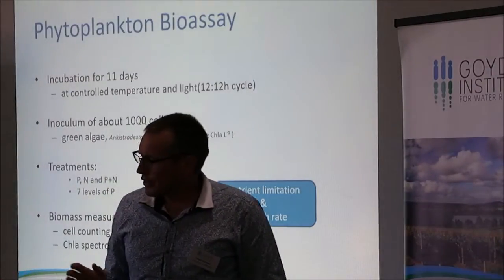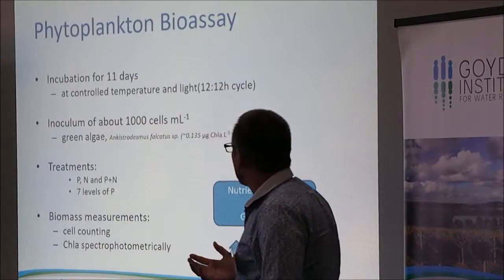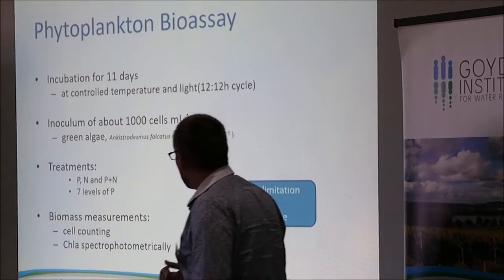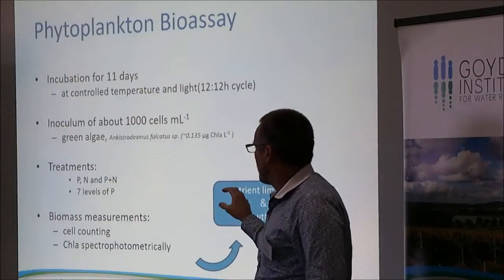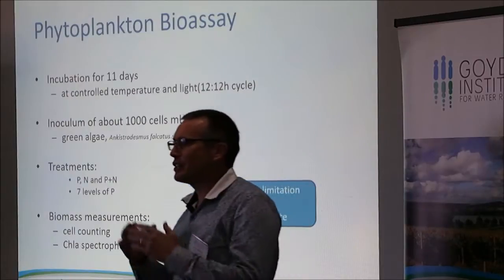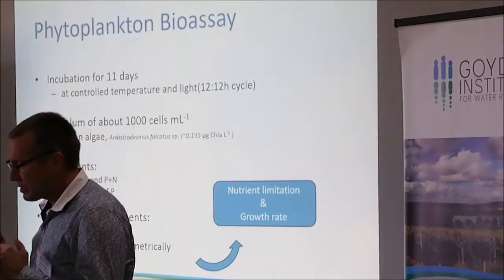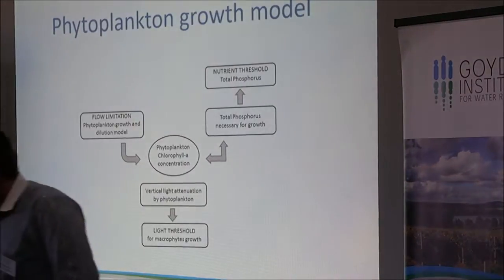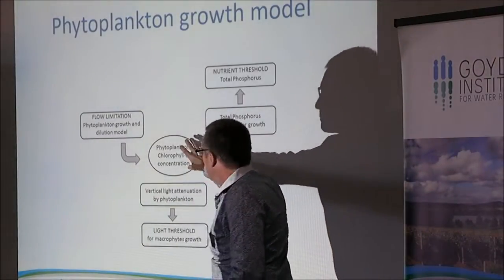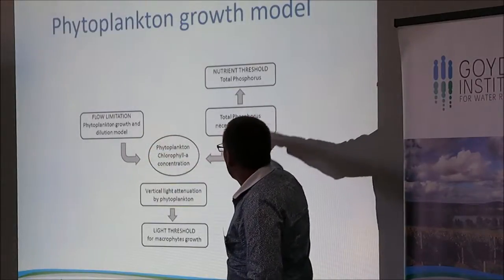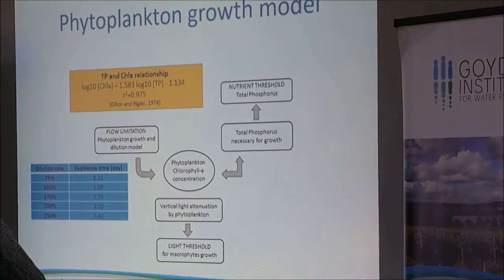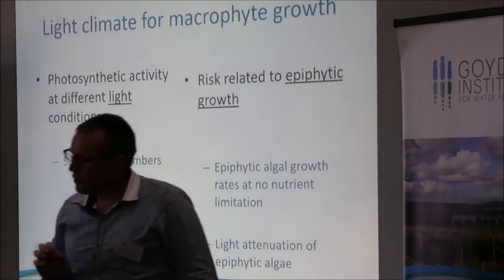We did a range of bioassays, incubating phytoplankton, trying to work out what the potential growth was within the water from Ewan's ponds, and coming up with a biomass measurement under different nutrient conditions, and then determining how much light attenuation that phytoplankton would make, so how much light reduction would be there. And this was all plugged into this phytoplankton growth model that's predicting this concentration based on flow, dilution, and also based on phytoplankton inputs.